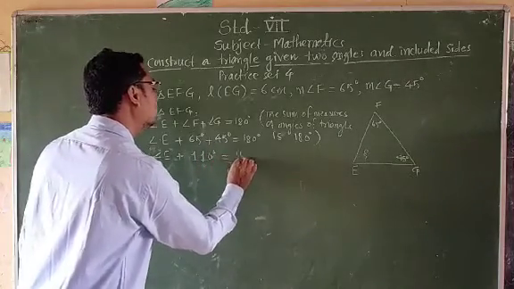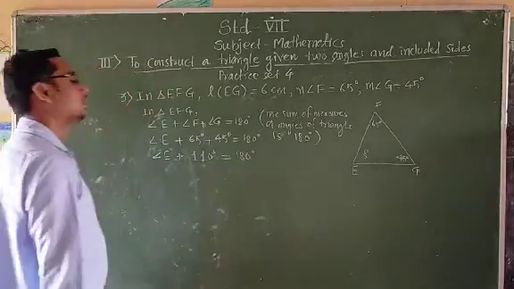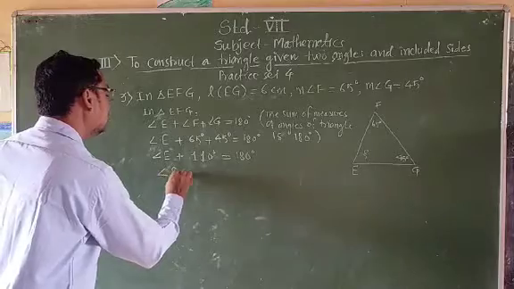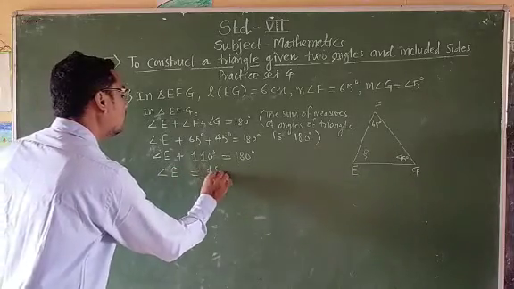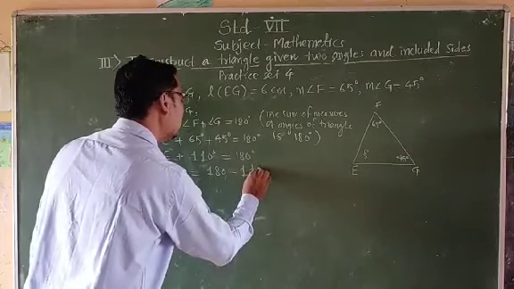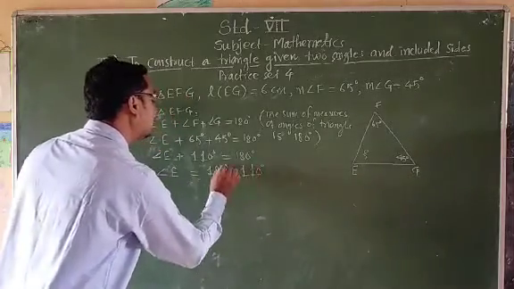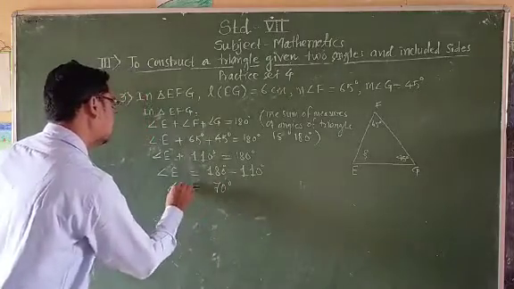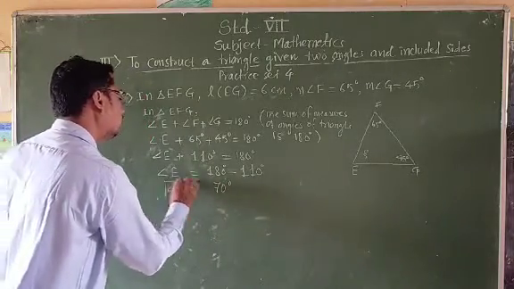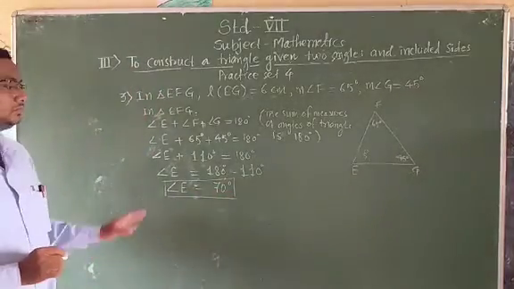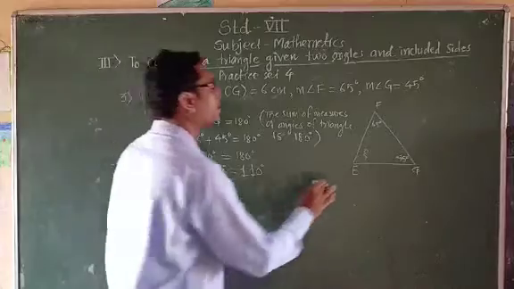Angle E plus 110 is equal to 180 degrees. Now we get angle E: 180 minus 110 degrees means we get 70 degrees. So angle E is equal to 70 degrees. Angle E we get as 70 degrees.